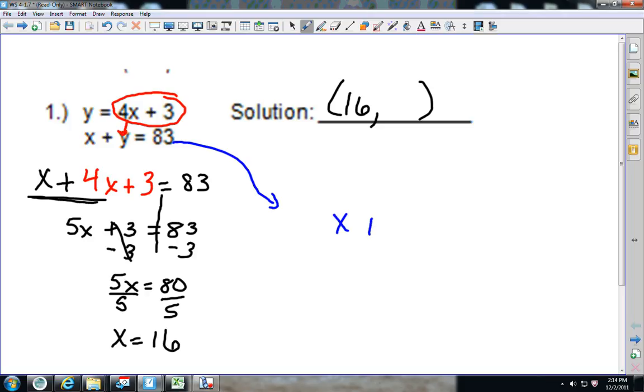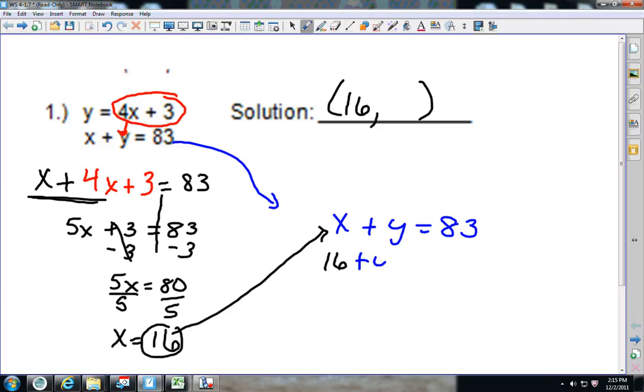Say I did x plus y equals 83. Well, I can take x is 16. So I can put it in there for x, and I get 16 plus y equals 83. Subtract 16 from each side. Y equals, what is it? 67.